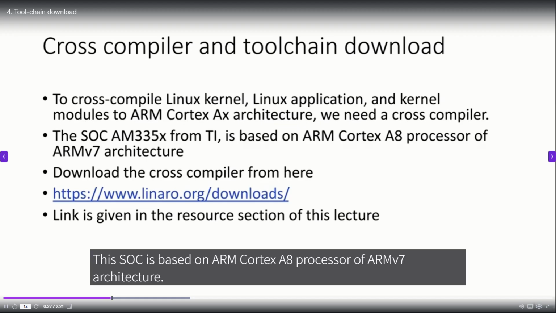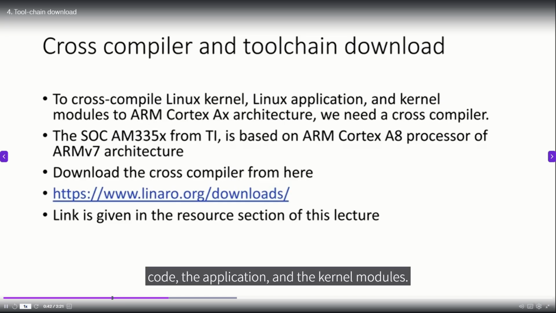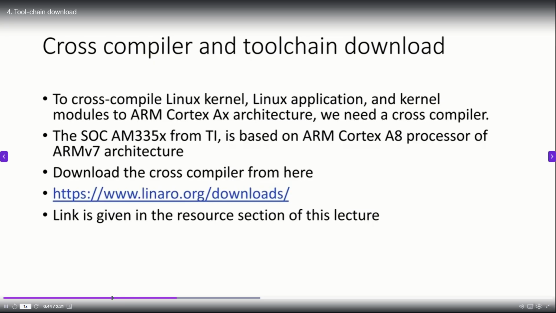This SoC is based on the ARM Cortex-A8 processor of ARM v7 architecture. That's the reason why we need the cross-compiler, because we need to cross-compile all our Linux source code, the application, and the kernel modules.